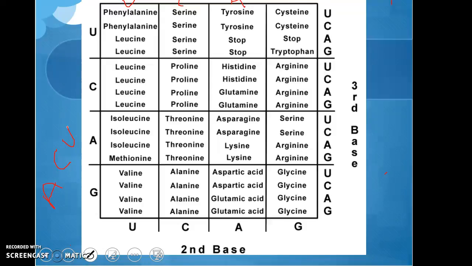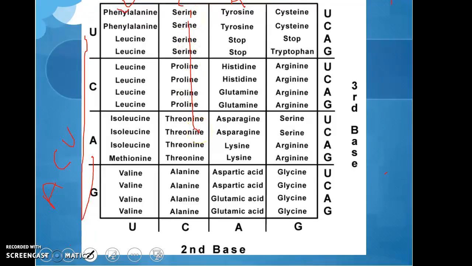I would take my left pointer finger, take your left pointer finger, and you are going to scan this side until I find A. Oh, there's A. And then I'm going to take my right pointer finger and I'm going to go to the top of the screen until I find C. Oh, there's C. So I'll come together.